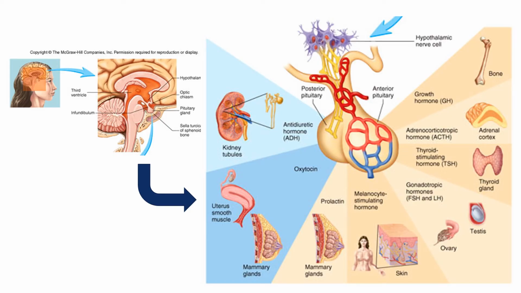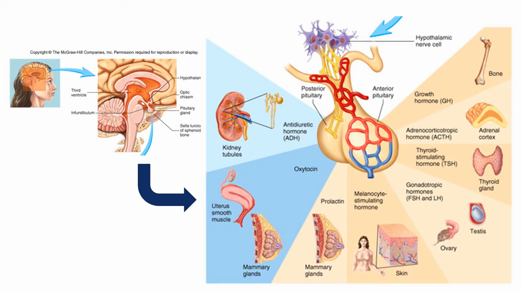So this is a representation of what hormones are actually secreted by the different parts of your pituitary gland. So for the anterior pituitary, you have your growth hormones for the bones. You have the adrenocorticotropic hormone for the adrenal cortex. You have the thyroid stimulating hormone or TSH.